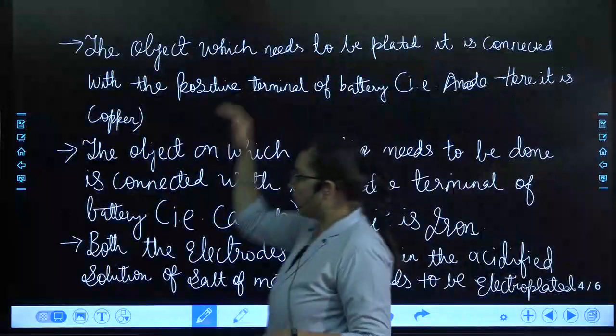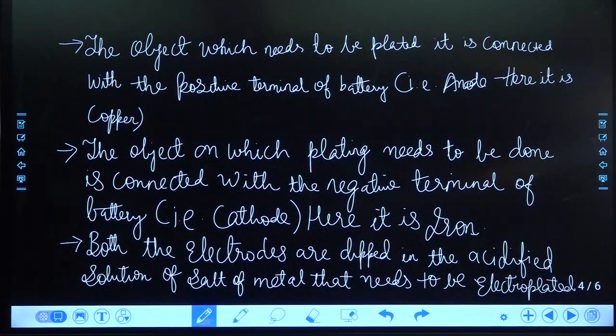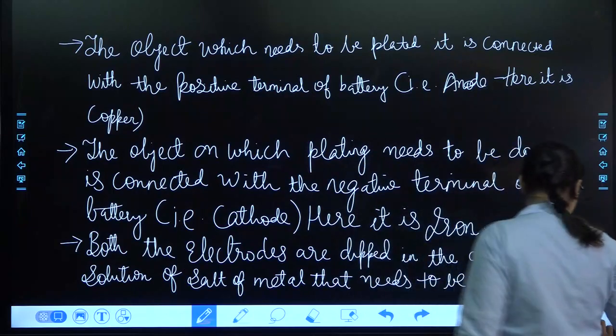Read this once again because this is a very important process. Be quick in reading.